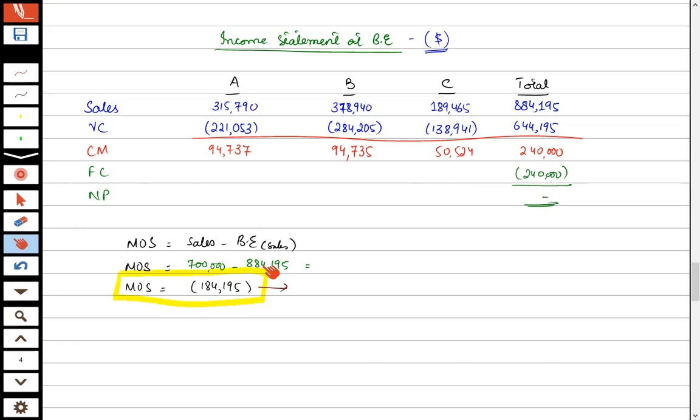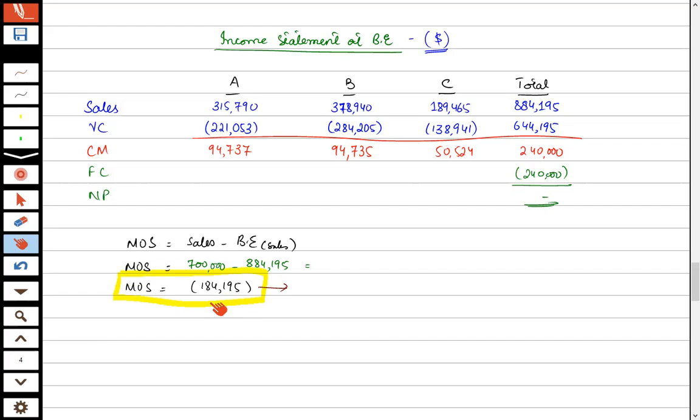Usually what happens to break even, we usually decrease the sales. Now it is a very alarming situation, that in order to achieve break even, we have to increase the sales. It means our current level of products that we are selling at these different selling prices is giving the company losses, and therefore there is no margin of safety.